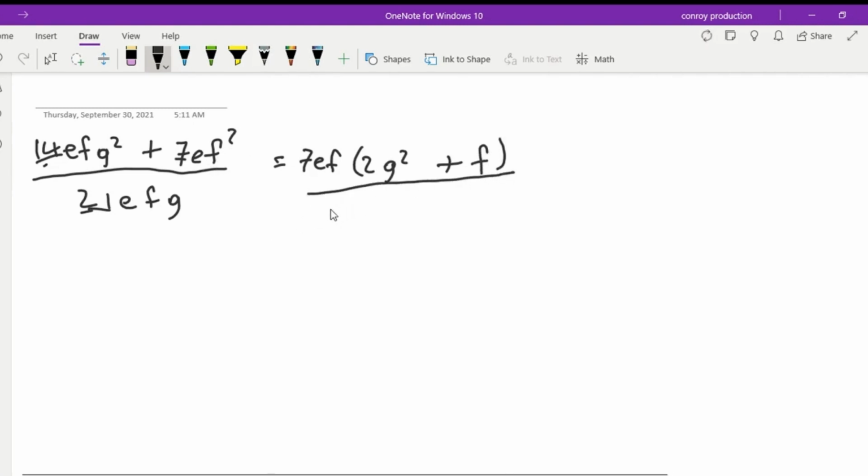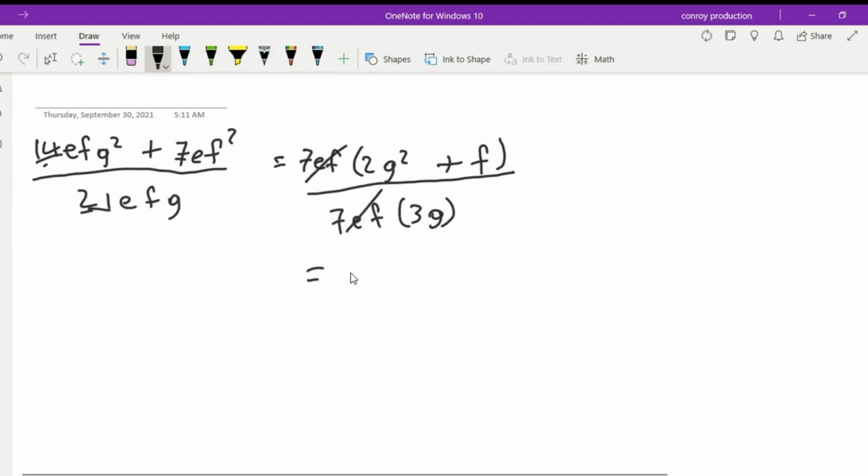We can also do that in the denominator. We can say 7EF, and we know that will go 3G. Alright, so we have 7EF, we can cancel right here.